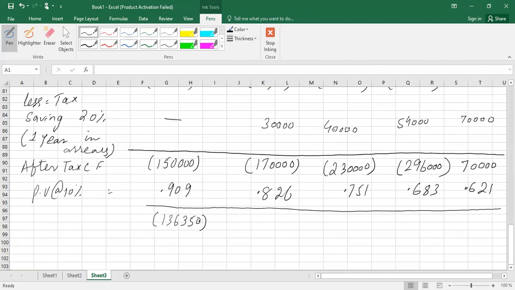Next one is 170,000 into 0.826. Then 230,000 into 0.751.